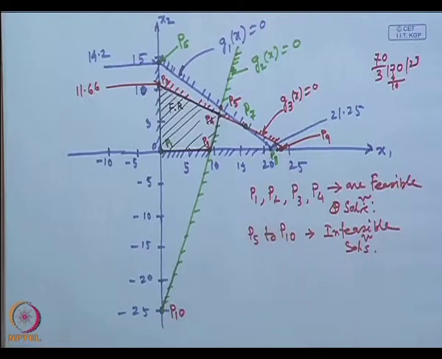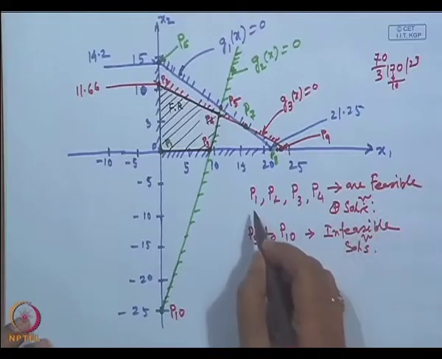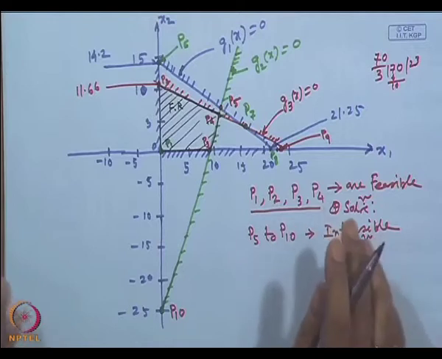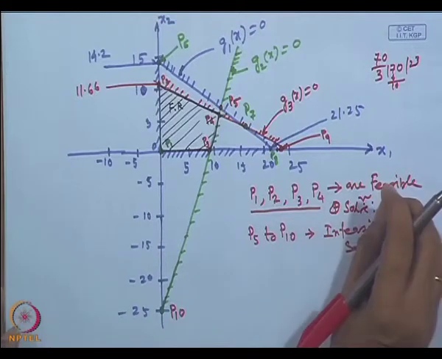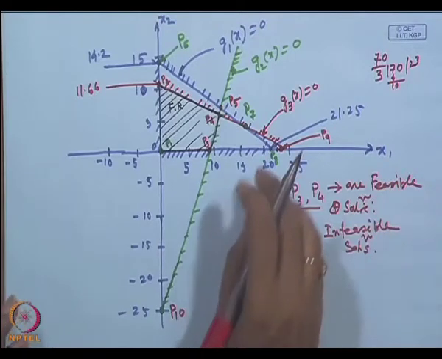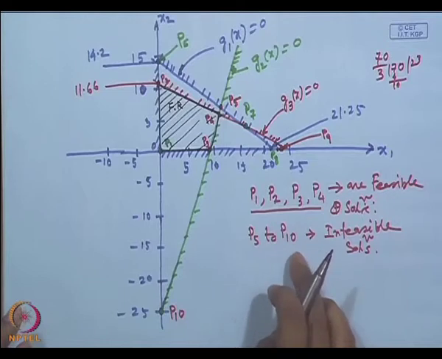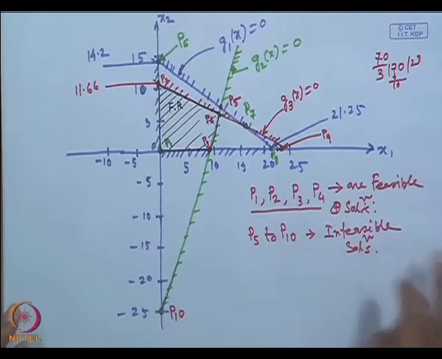So, in this particular problem we have 10 basic solutions. Out of 10, only these 4, P 1, P 2, P 3, P 4, are feasible solutions, and the remaining vertices, P 5 to P 10, are infeasible solutions.